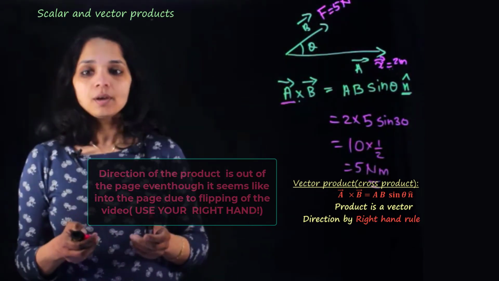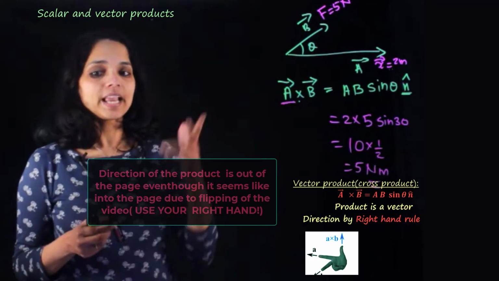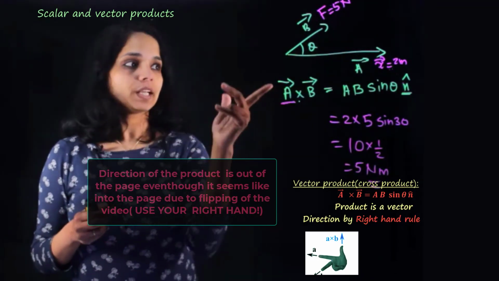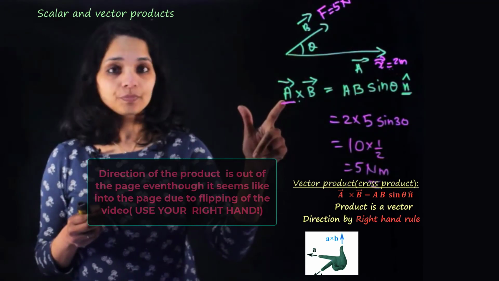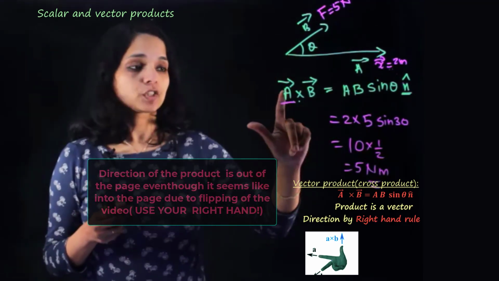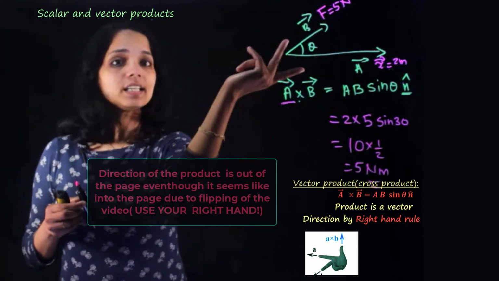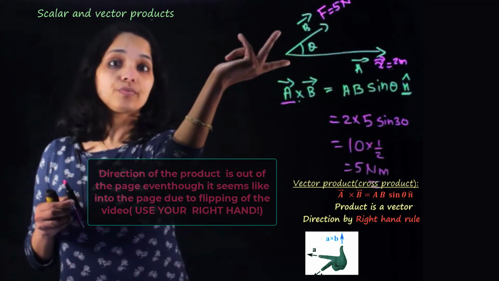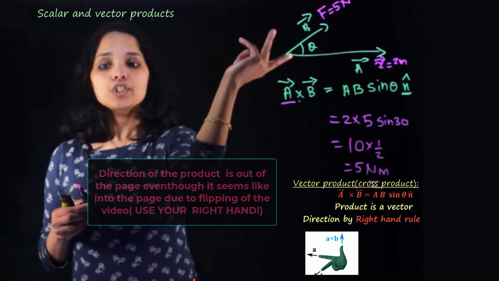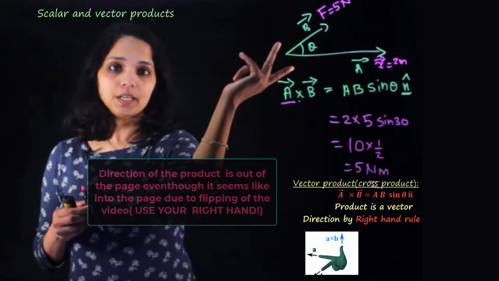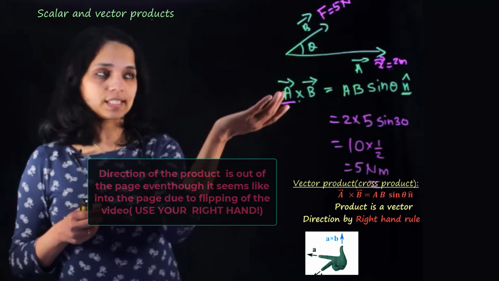So that's the vector direction. Basically what you do is place your index finger in the direction of the first vector, whichever order it's coming. So first vector A, and the middle finger is placed in the direction of vector B, and the thumb will show you the direction of the A cross B. Or there's another way to do the same.